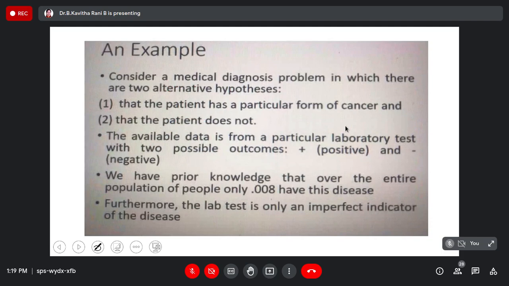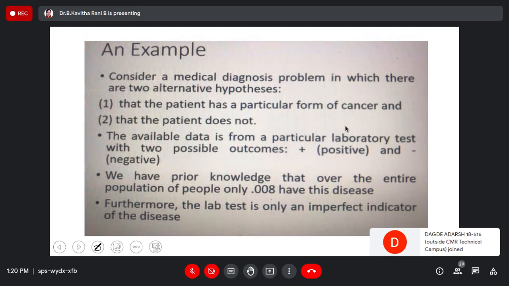So there is one example. Consider a medical diagnosis problem. Here you have two alternative hypotheses: the patient has a particular form of cancer, and the patient does not have cancer. These are the two hypotheses which we have for different persons.